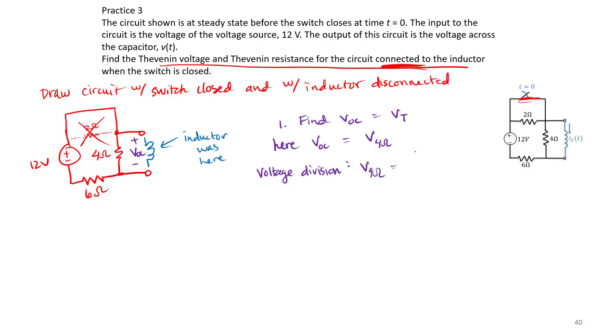In this case, we have 4 ohms divided by 4 ohms plus 6 ohms times 12 volts. That gives us 4 divided by 10 times 12, or 4.8 volts. So now we have found our Thevenin voltage.